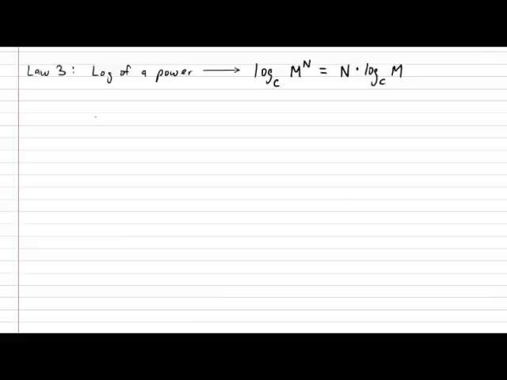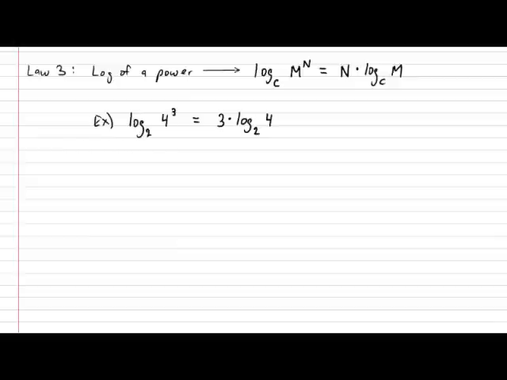For our first example, suppose I give you the expression log in base 2 of 4 exponent 3. Well, according to this law, this expression is equivalent to writing 3 multiplied by log base 2 of just the 4.